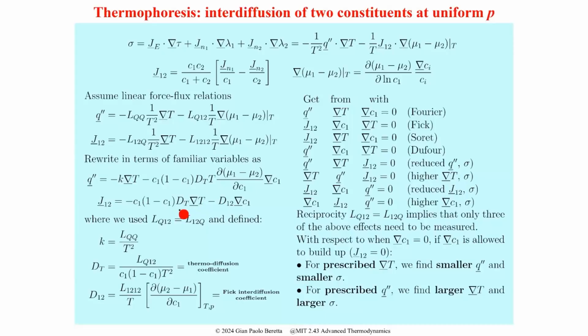So if you impose a gradient in temperature, and there is no way that you allow this flux of particles, then the gradient in temperature builds up a gradient in concentration. And that gradient in concentration has a play in the first equation up here.